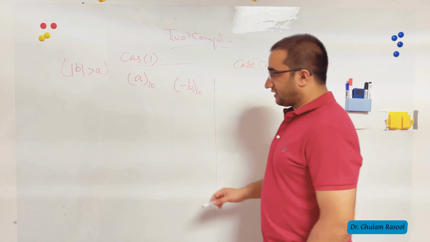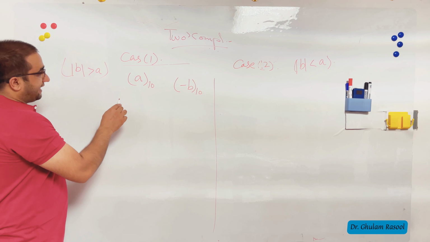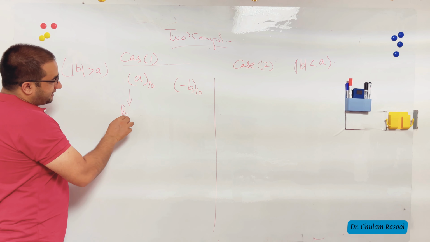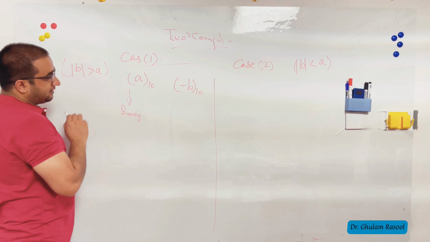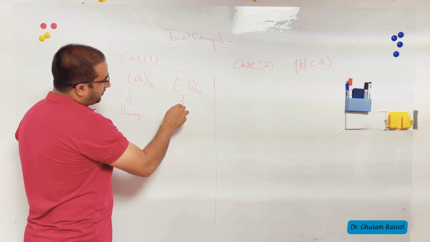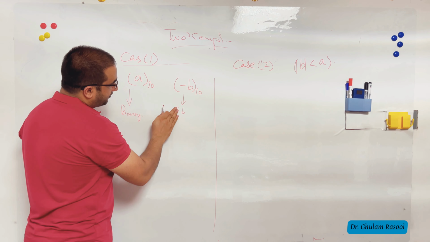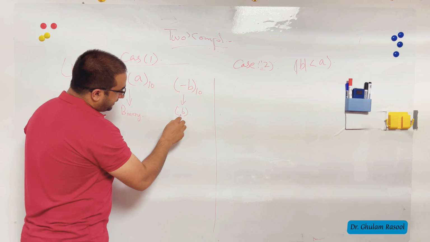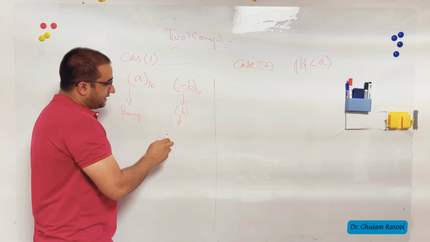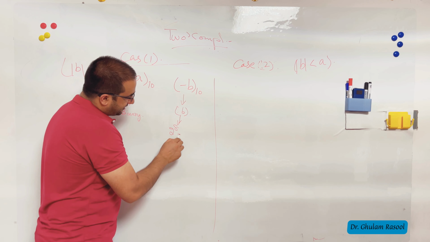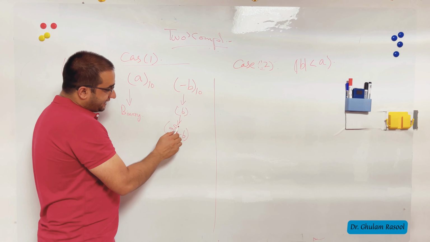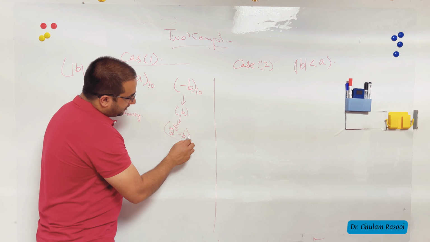Okay? So for case 1, I said convert A into binary and consider only the positive of B, forget about this negative sign. Now convert this B, find the 2's complement of this number. For finding this 2's complement, I know the method.